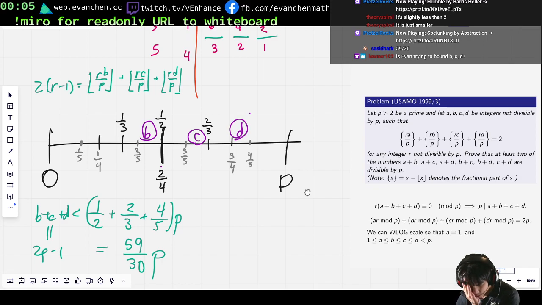So if I have a statement like 2/5 B is less than B is less than P over 2, where B is an integer.